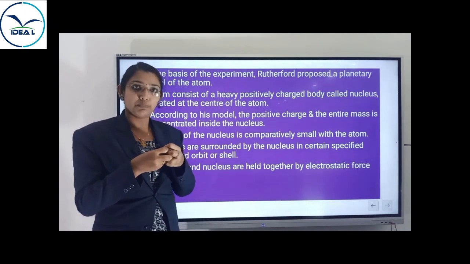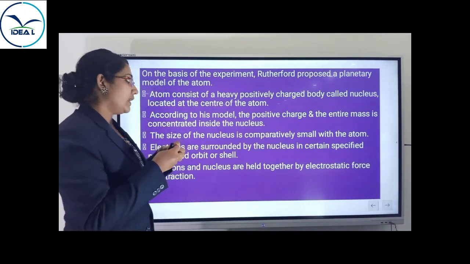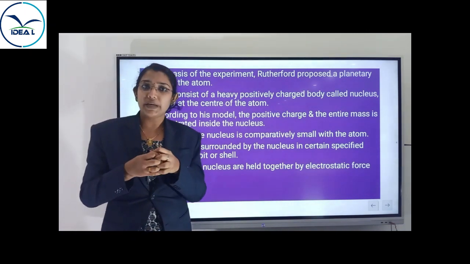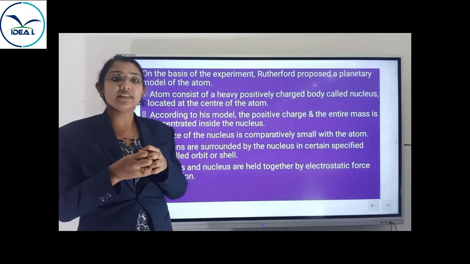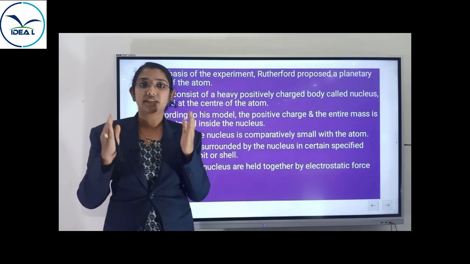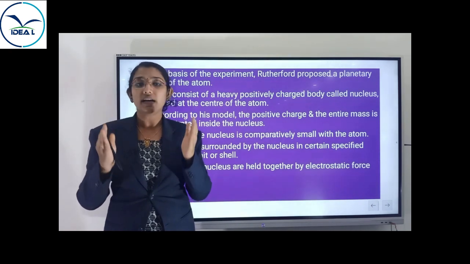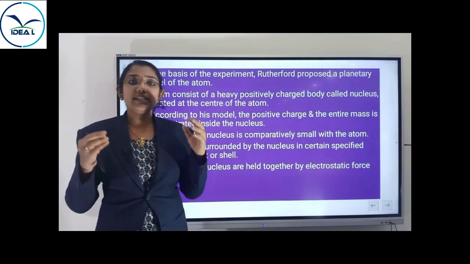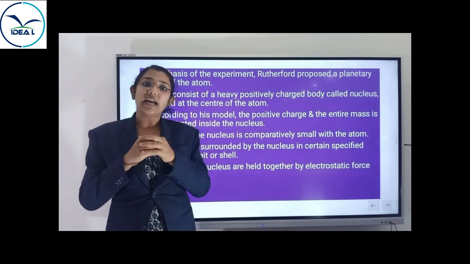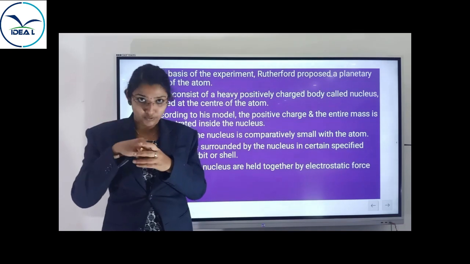This is very important. So what are the postulates? Most of the space in an atom is empty, and the atom consists of a heavily positively charged center called the nucleus, possessing positive charge. The positive charge and entire mass of the atom are located inside the nucleus.